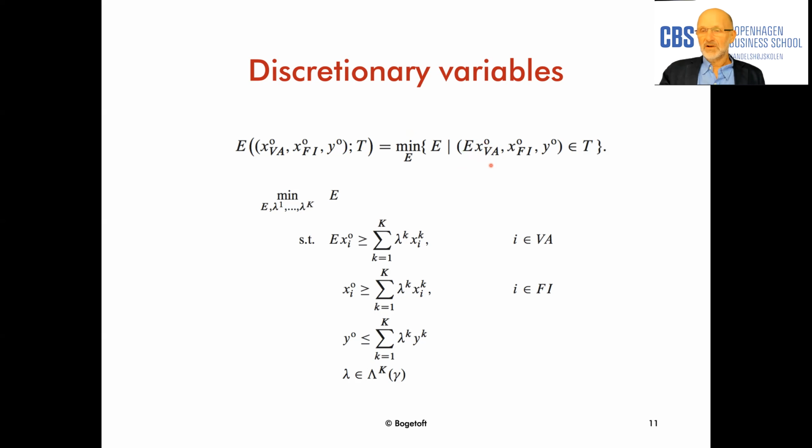Now that is really, really easy to implement in DEA, because you just do a normal input efficiency DEA program. The only difference is that this E factor, this proportional reduction factor, is not imposed on all the inputs. You remember you have a lot of input rows.